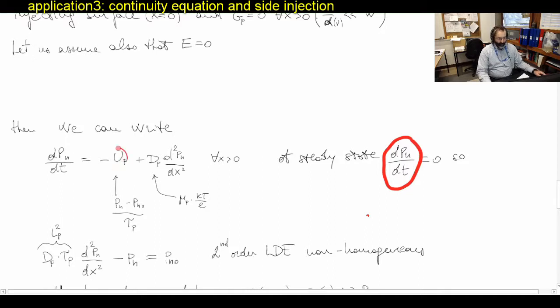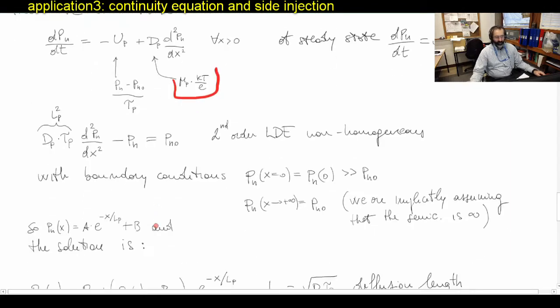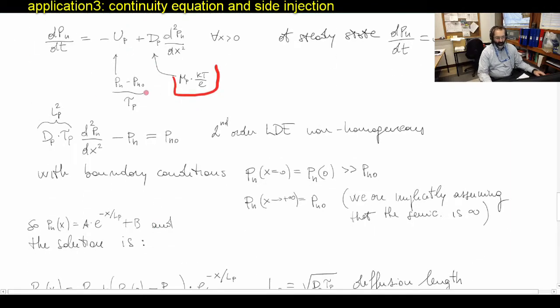Recall that Up, as we've seen, is given by this quantity, and that the diffusion coefficient for holes is this quantity here. So we can rearrange this equation. This term goes away, and now, rearranging things, we have a second order linear differential equation which is non-homogeneous.